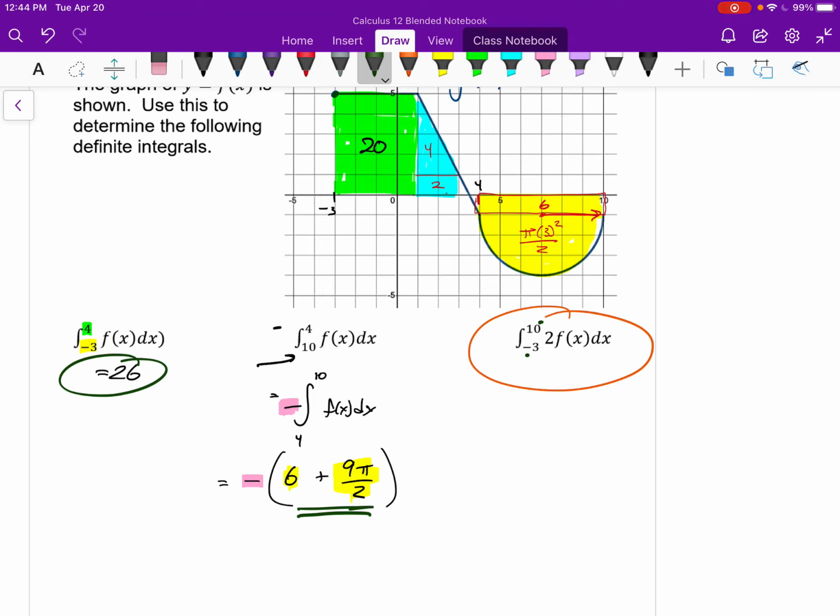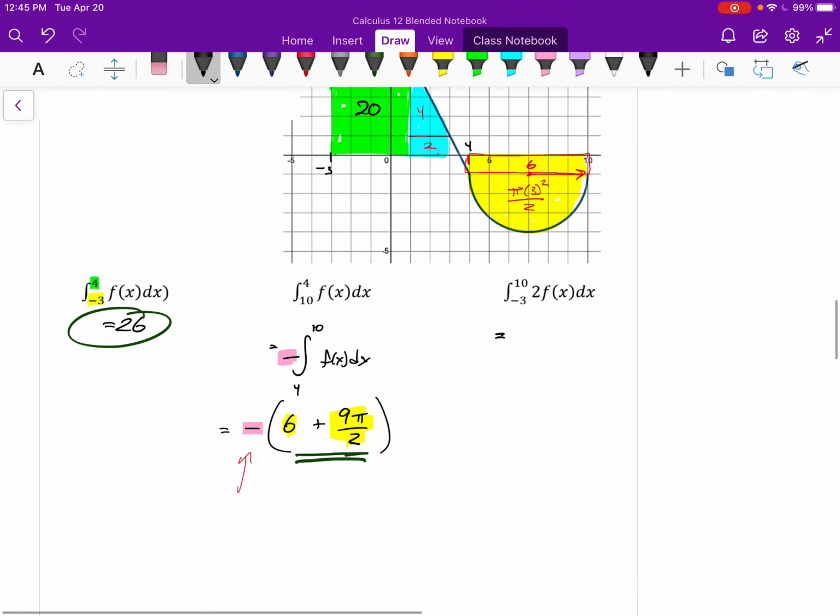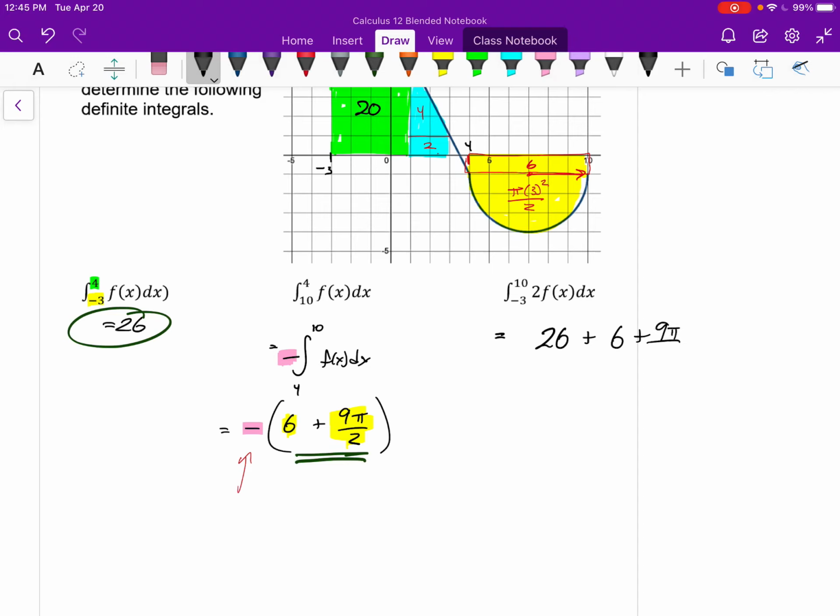And so the only thing I can avoid this time is I don't need to think about this negative here. Because again, that negative there was me going from 10 down to 4, which again is a little bit weird to think about. And so in the end, I can just see. Actually, I was just about to make a mistake, but I'll say it anyways. I can just see this is going to be the same as 26 plus 6 and 9 pi over 2.